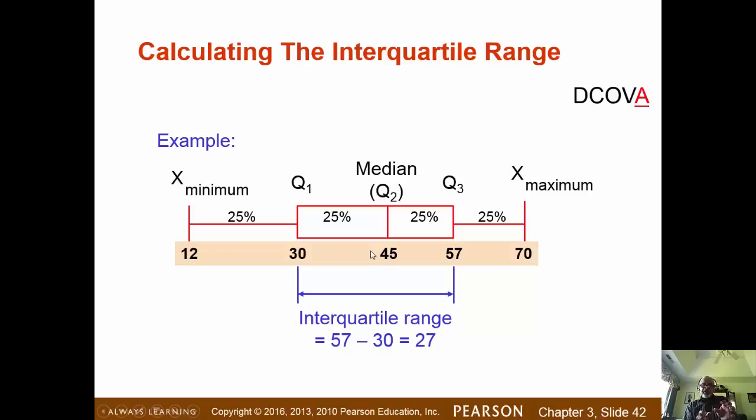But depending upon the length of the whiskers and where the Q sub 2 line occurs, we can tell from the box plot whether there is a skew in the data distribution, and also how tightly knit the values are around the center value, or how widespread they are.